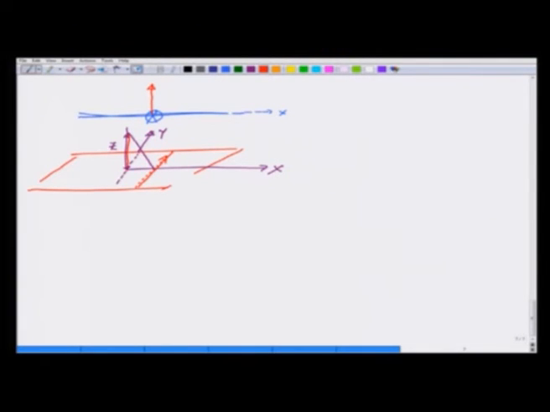So, I cross the vector to the point where I am is going to give me a field as shown by this blue arrow. Let me now erase this.